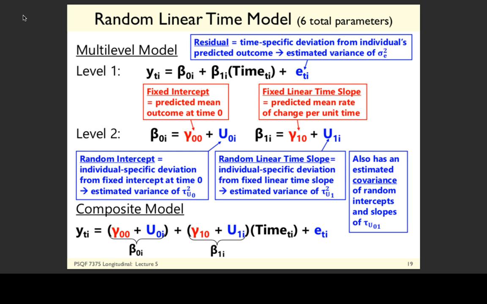So when you put it back together, you get this combined equation down here, where now there's three kinds of variability in the model that describe this outcome. There's mean differences between people captured by the intercept, specifically at time 0 in this case. Slope differences between people, so those are both level 2 between-person sources of variation. And then there's E, which is level 1, which is like, why are you off your line today? What is it about today that makes you off of your trajectory?